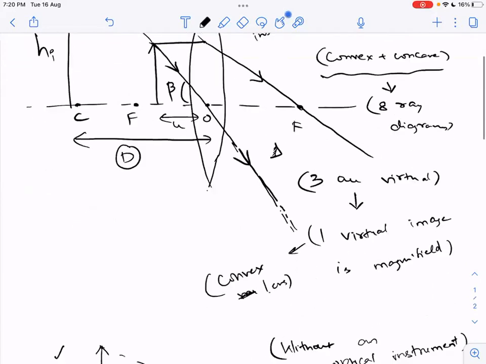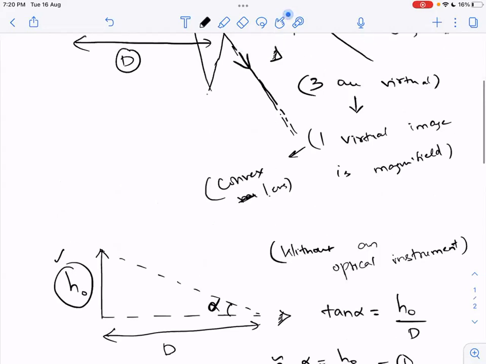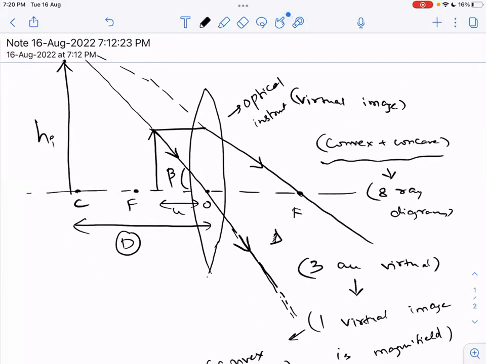So what has happened? When you look at the height of the object with the naked eye, without the help of an optical instrument, then the final image is formed at least distance of distinct vision, but the angle subtended by the object at the eye is going to be alpha. Whereas when you're looking at the final image with the help of an optical instrument, it is beta.